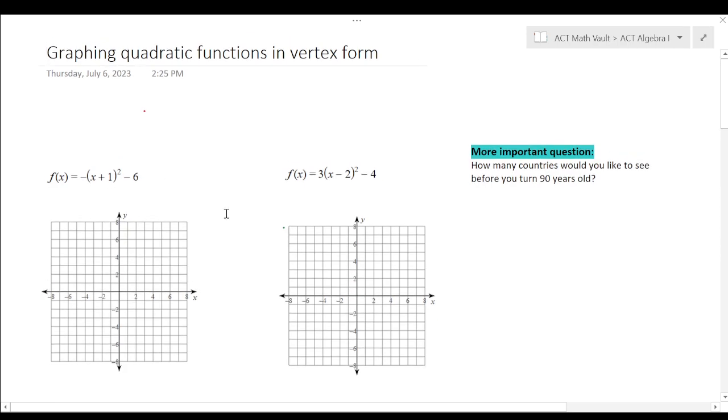So let's talk about the three possible forms: vertex form, standard form, and intercept or factored form are the other two possibilities.